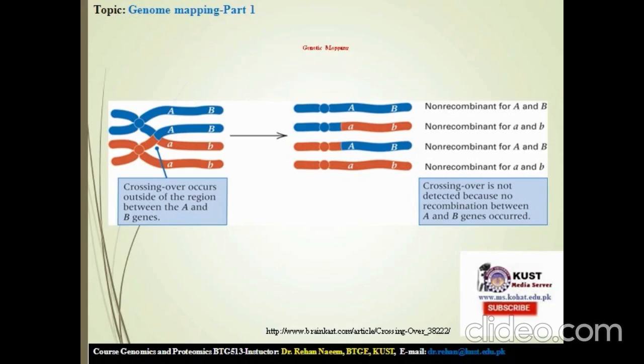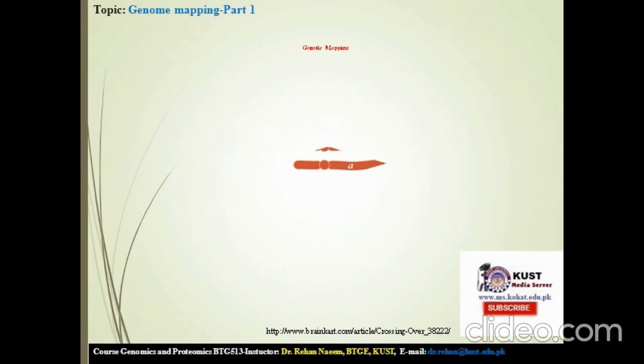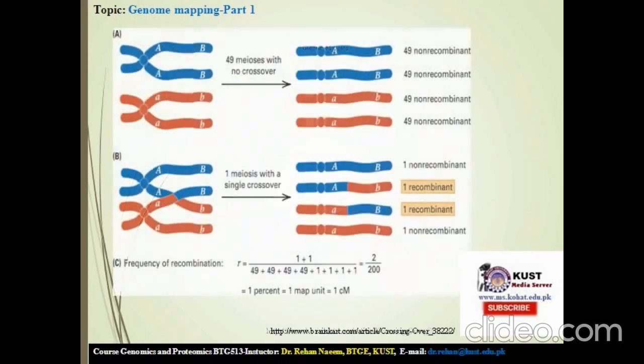We have around 200 crosses in which crossing over occurs. One single crossing over occurs, and as a result of that single crossing over, we can get two recombinants, while 198 progenies are non-recombinants.